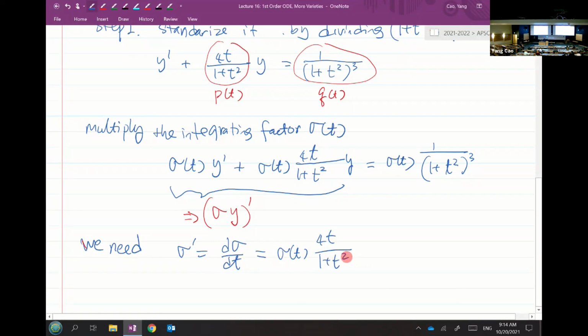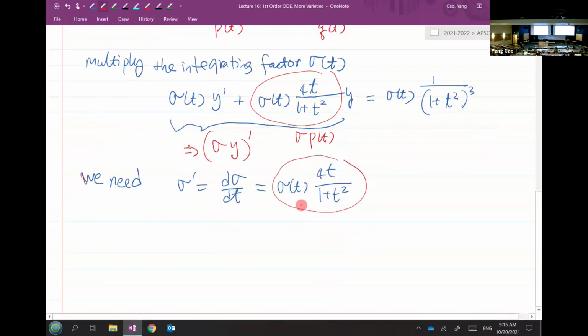So we need to solve this one to get a sigma function, and the solution of that will enable you to write the whole left side into sigma y prime. And sigma prime, the term that equals to this term here, is basically this term here. And this term essentially is your sigma times P of t, right? Times this coefficient for the y.